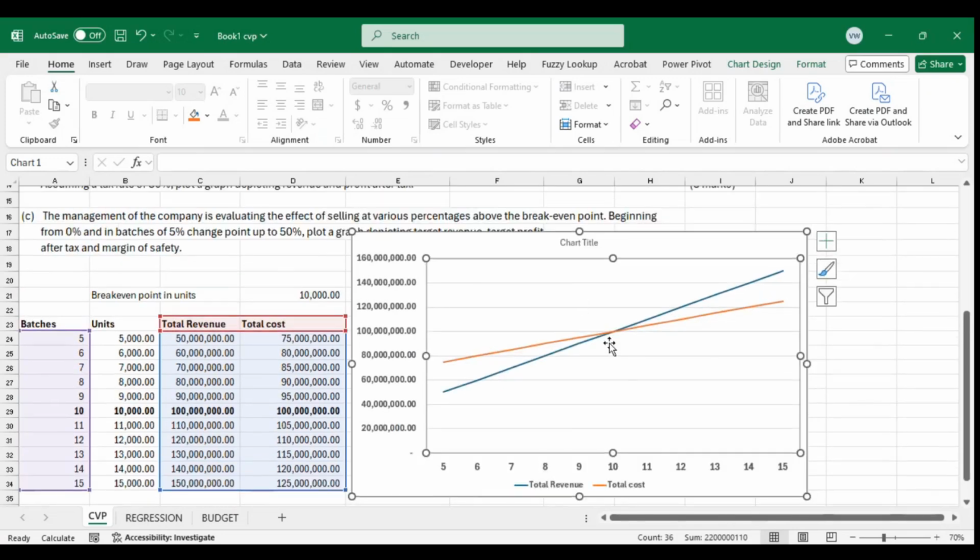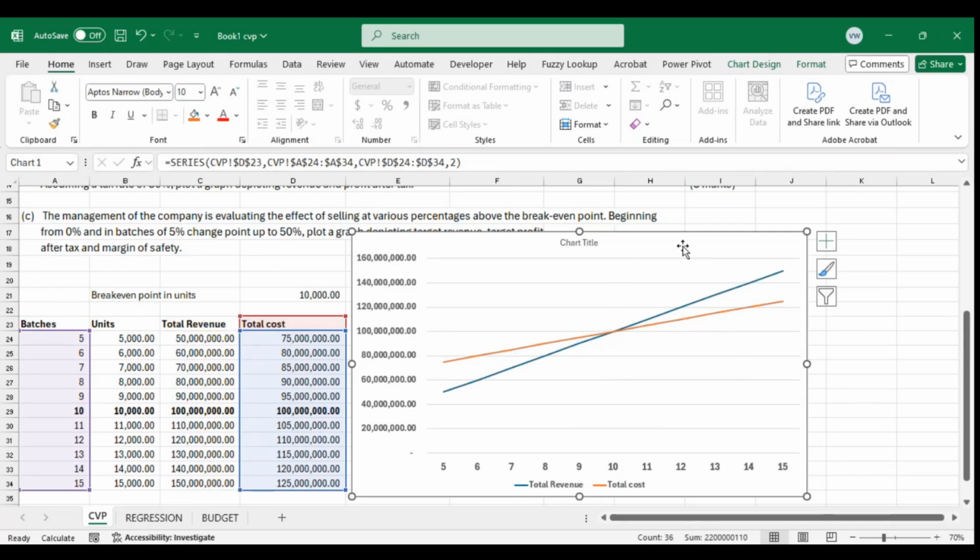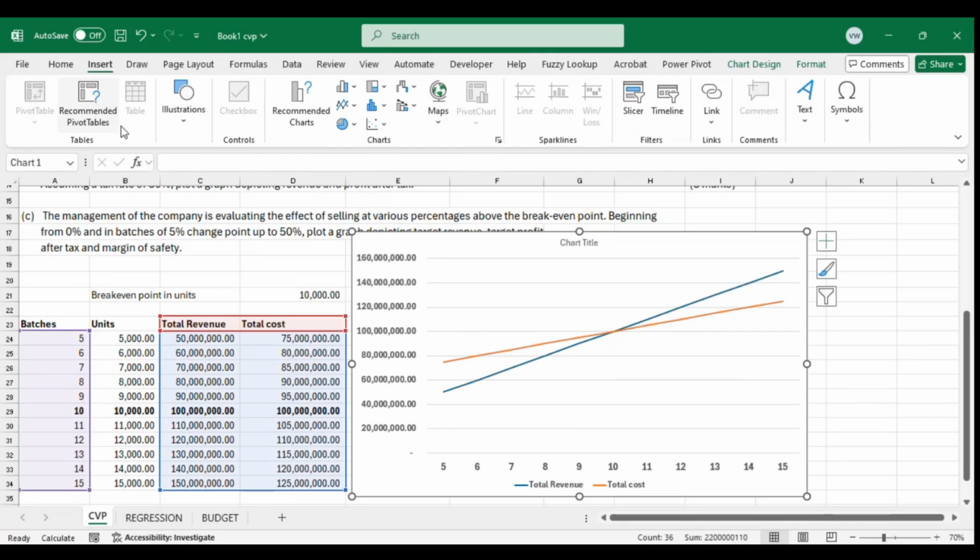Let's try to show that this is the break-even point, and let's try to show that this is the profit region. Any region above the break-even point is the region of profitability, and any region below the break-even point is the loss region. So for us to show this, we can actually use shapes to highlight it.